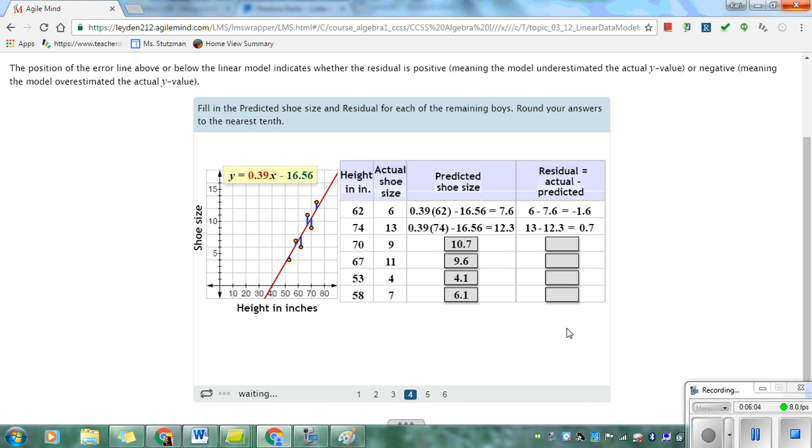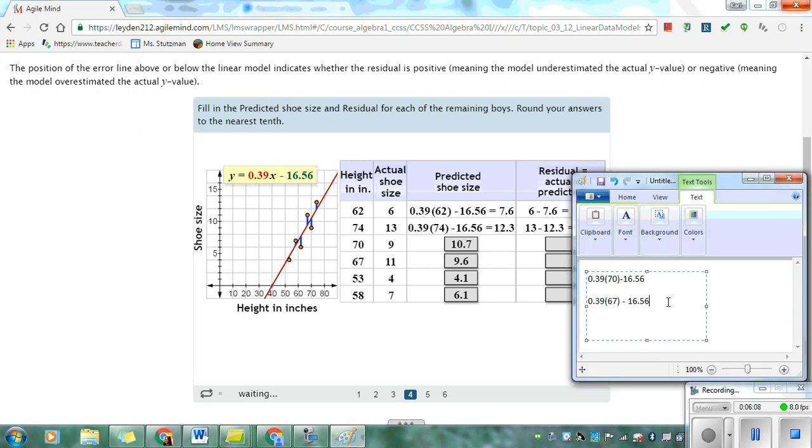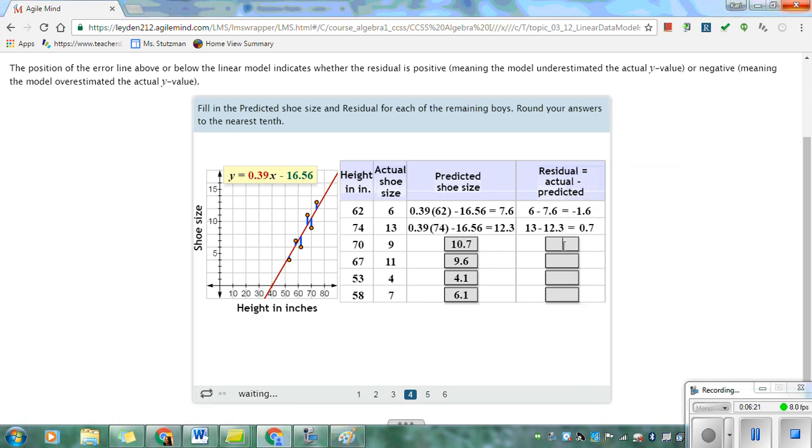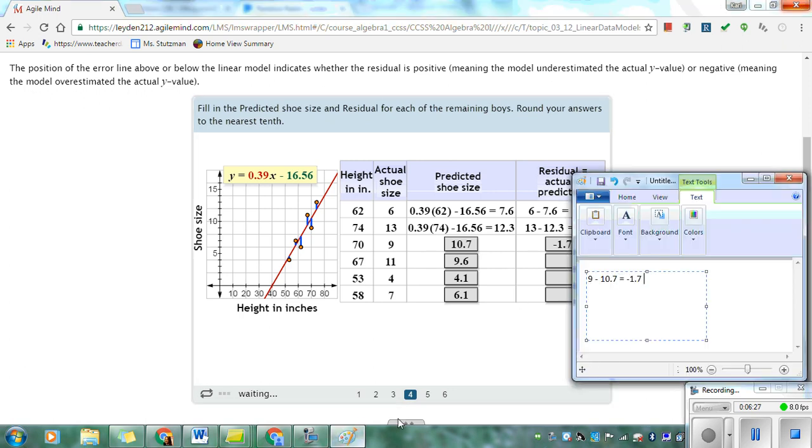Now, doing the residual, it takes the actual, which in this case, the actual shoe size here is a 9, and I'm going to subtract my 10.7. So what I'm getting is a negative 1.7 difference. So I was off by a little bit, again, a little over a shoe size and a half.